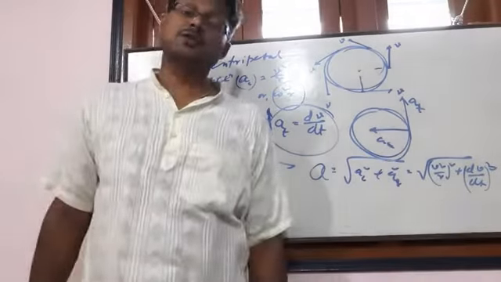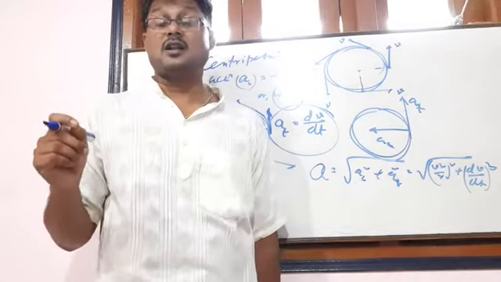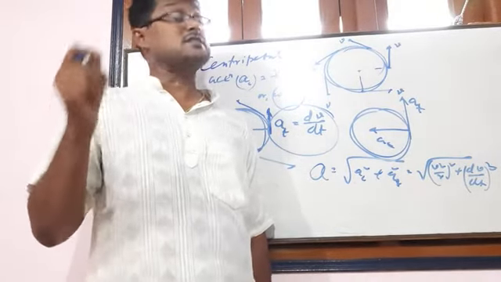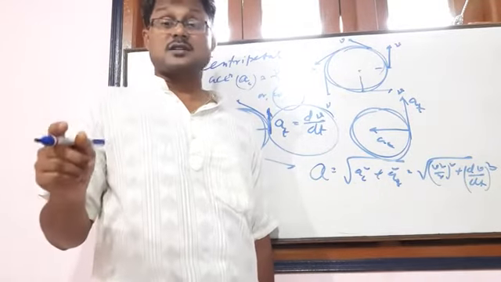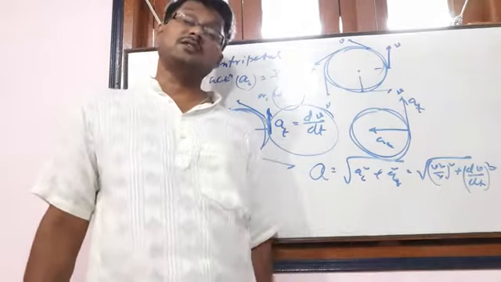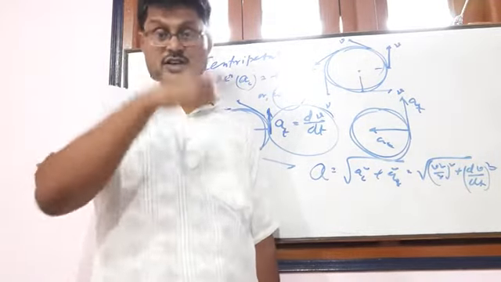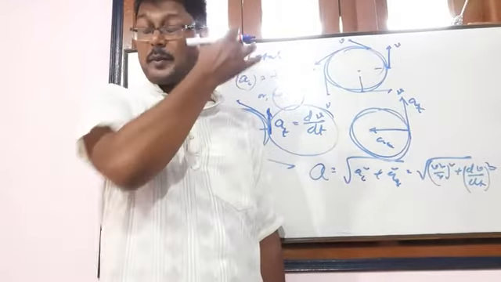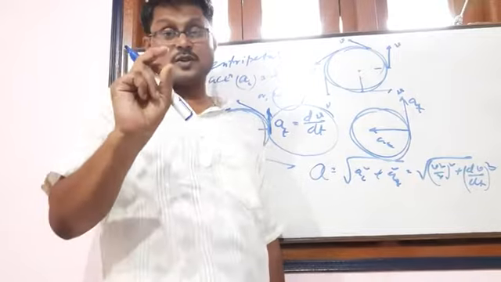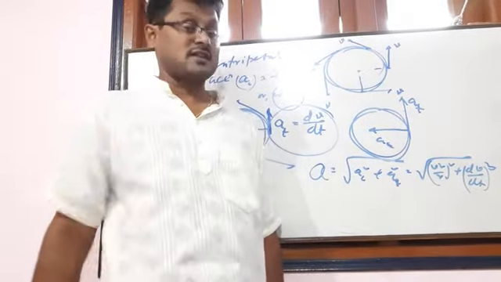So in the case of circular motion, we have to keep in mind that a particle always has centripetal acceleration, and it may have tangential acceleration. If the magnitude of linear velocity changes with time, then it is tangential acceleration.